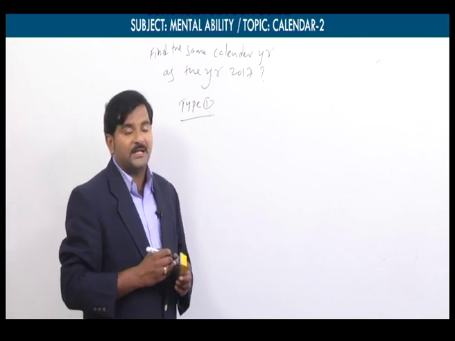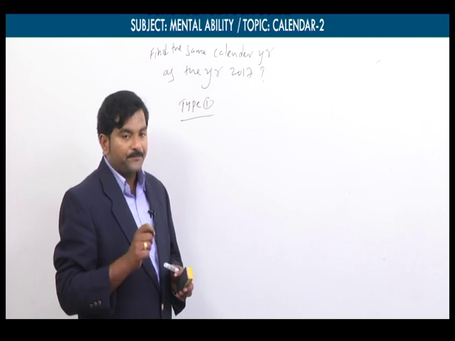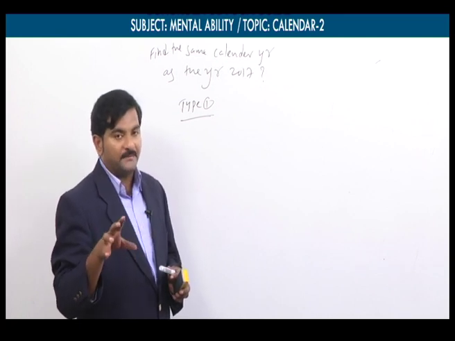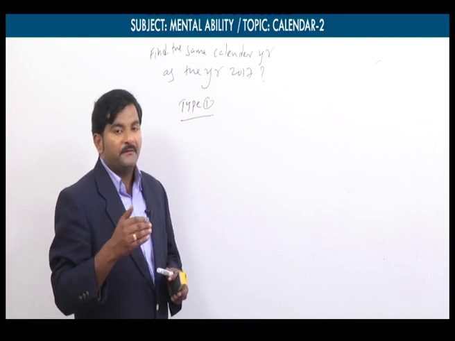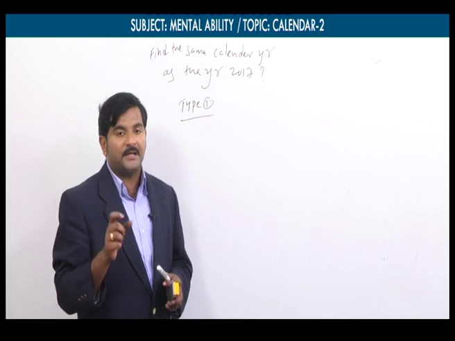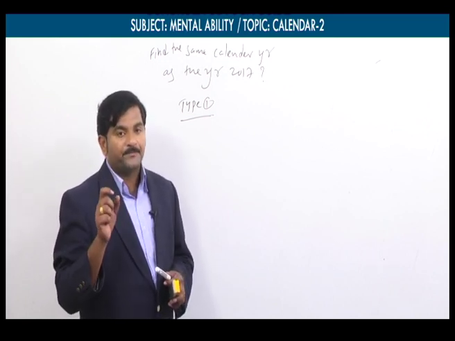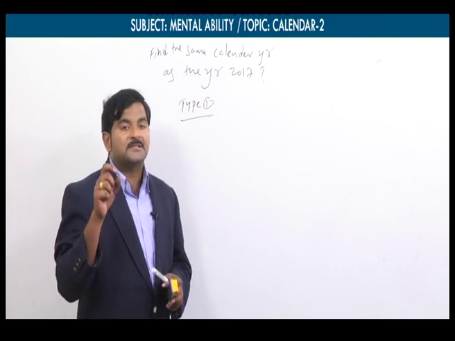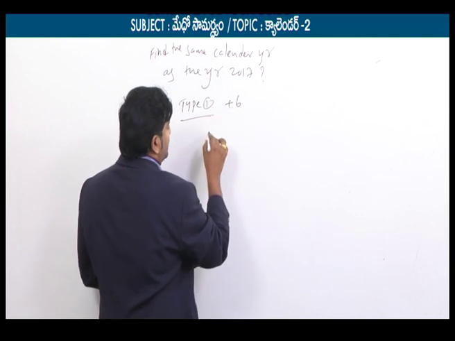In type 1 there are 3 points I told you. First point is to get the same calendar year as the year which is after leap year. To get the same calendar year as the year which is after leap year, simply we need to add +6.